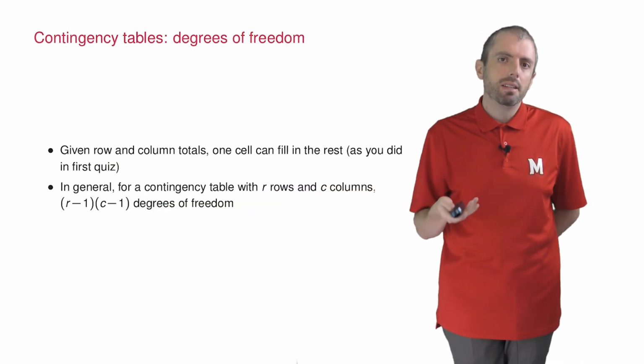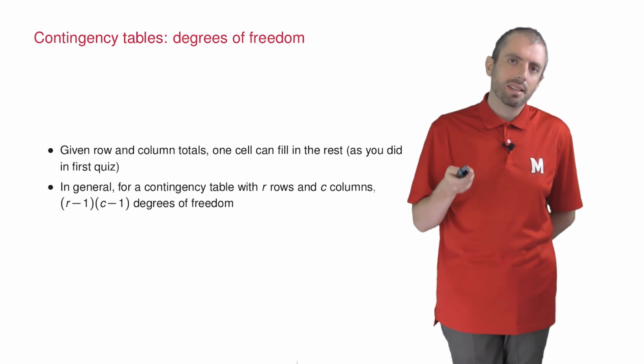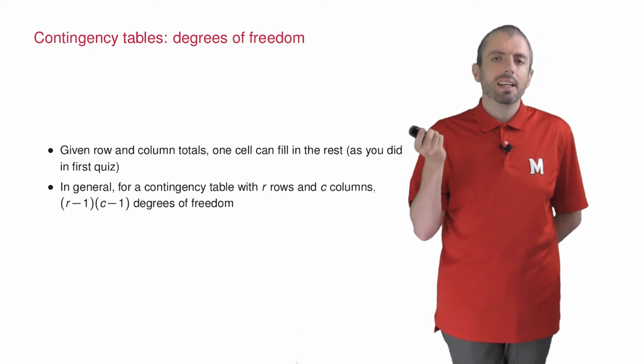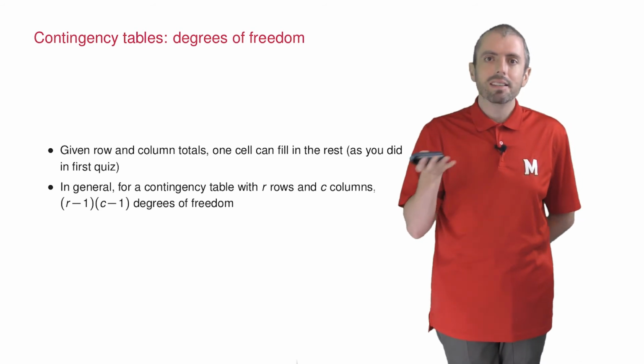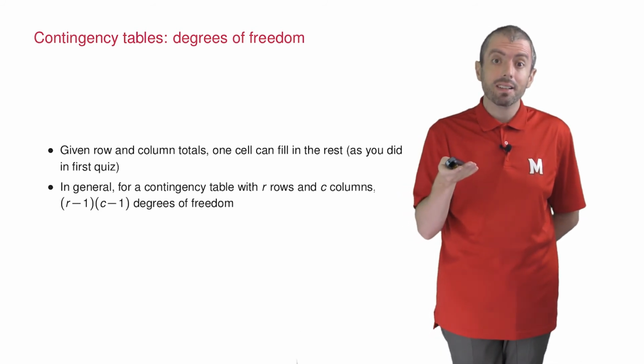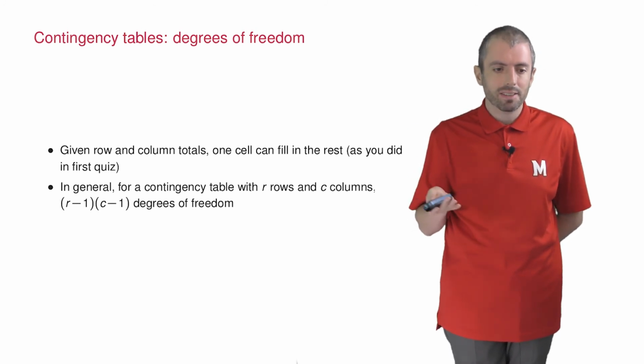The degrees of freedom here is 1 minus the number of rows times 1 minus the number of columns. So in this case, 1. This is because given one cell and the row and column totals, you can fill in the other cells.